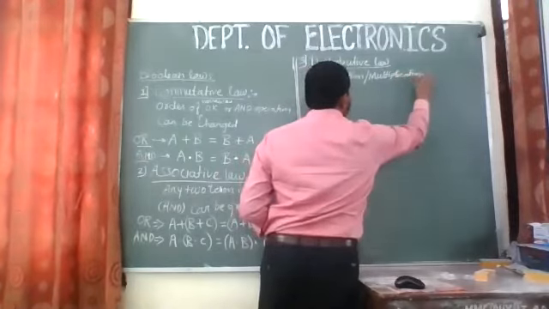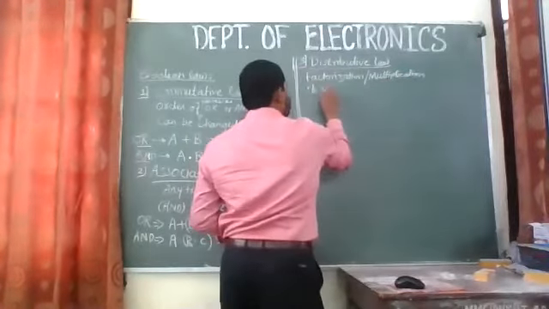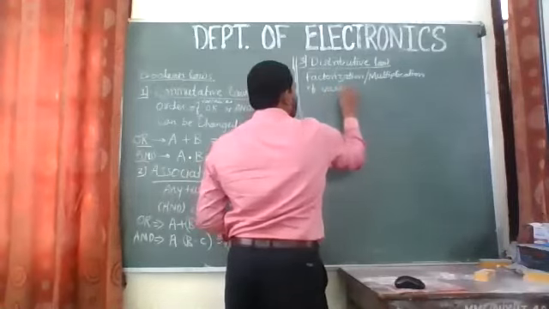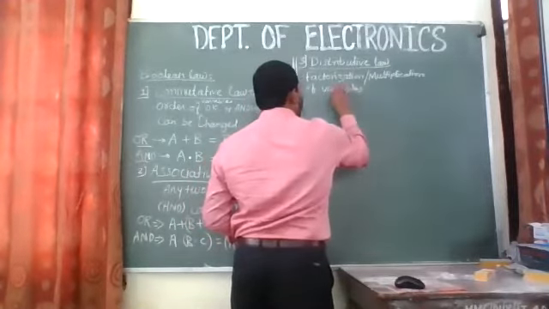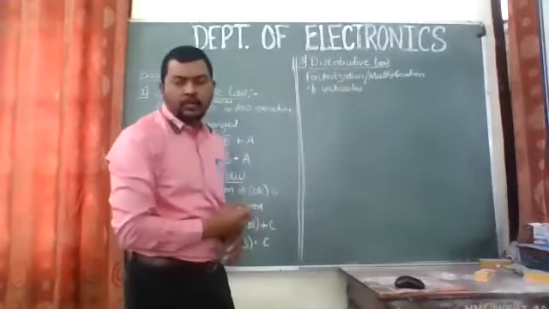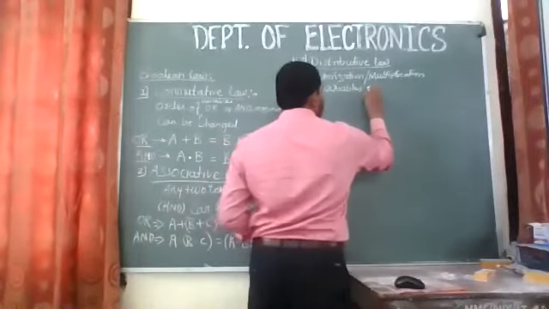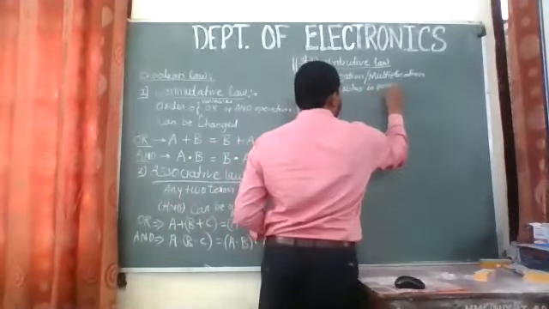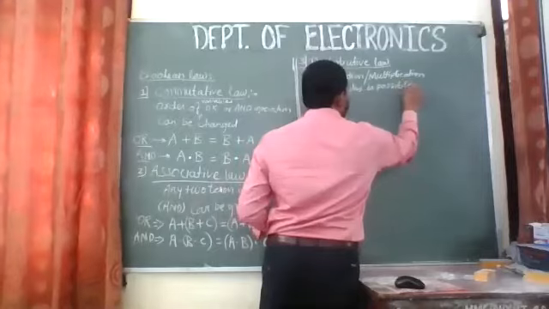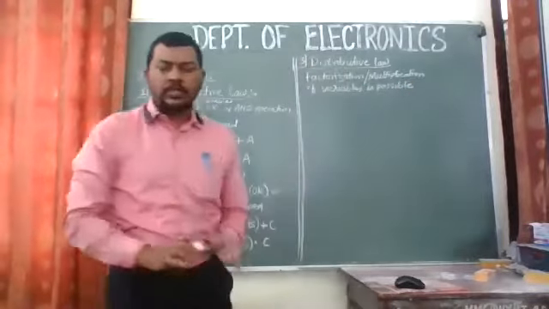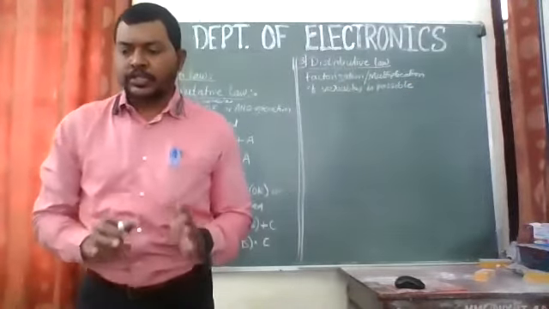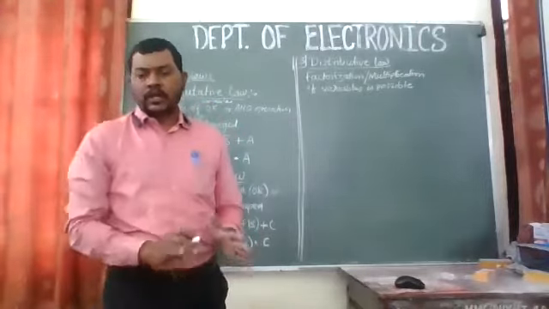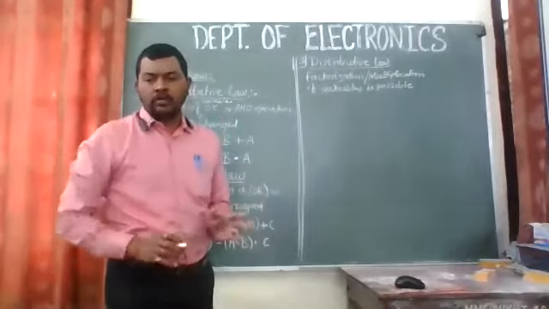Factorization or multiplication of variables is possible. This is the third law, which we call the distributive law. So factorization and multiplication of different terms is possible.